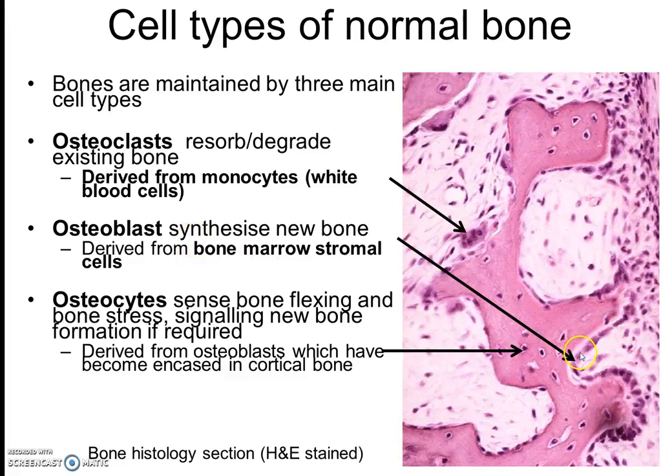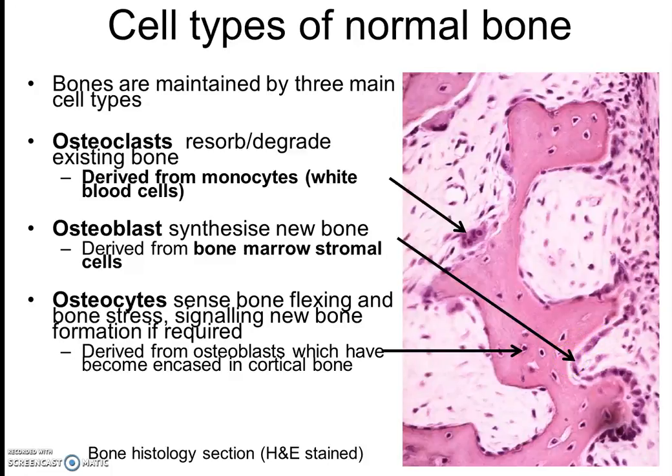These synthesize new bone, and these are derived from the mesenchymal stem cells, which are the precursors to all connective tissue. And what you can see here is where they've got this nice pinky purple stain, there's a halo of unstained bone, and that's where we've got unmineralized collagen.